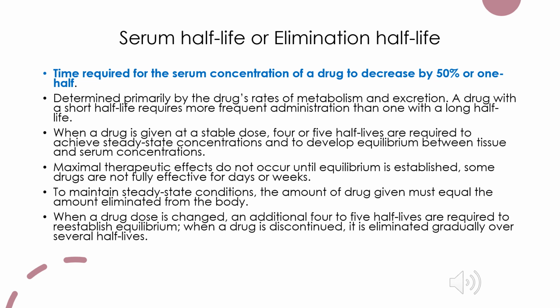Half-life can be used to describe drug accumulation. At one half-life, the drug concentration will be 50% of the steady state value, or after two half-lives, 75% of the steady state value, and so forth. About 94 to 97% of a drug will be eliminated after 4 to 5 half-lives.